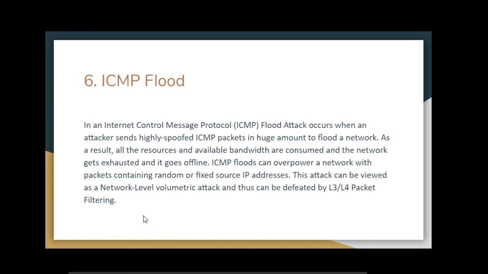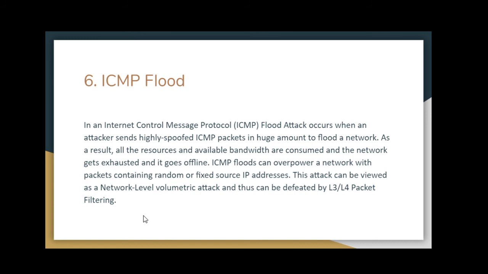Next is ICMP flood. In Internet Control Message Protocol, an ICMP flood attack occurs when an attacker sends a huge amount of spoofed ICMP packets to flood a network. As a result, all resources and available bandwidth are consumed, the network gets exhausted and it goes offline.